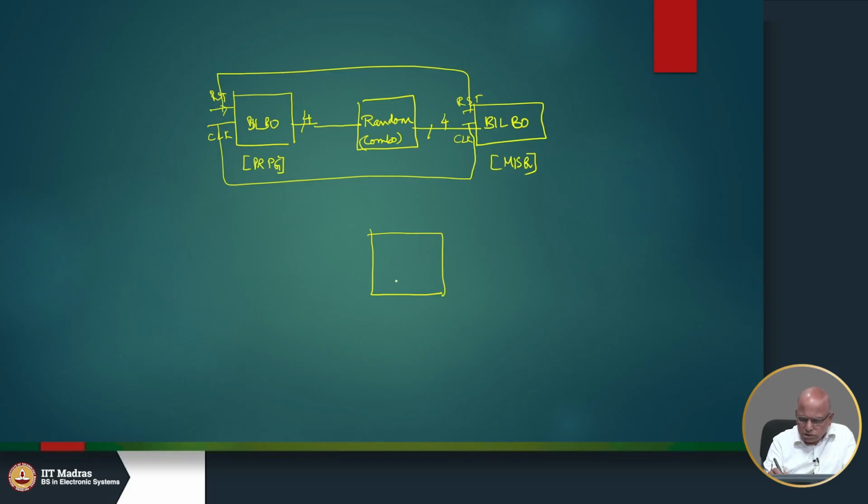If this was a sequential logic with scan, maybe it has many scan chains. So, these are the scan in, scan out. So, this may be 4 scan inputs and 4 scan outputs. There is also reset and clock, of course.